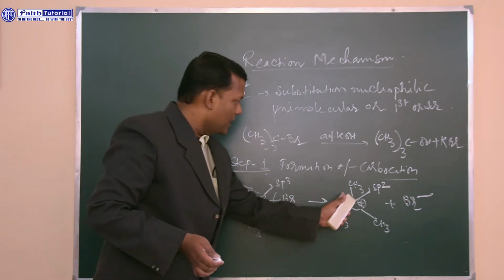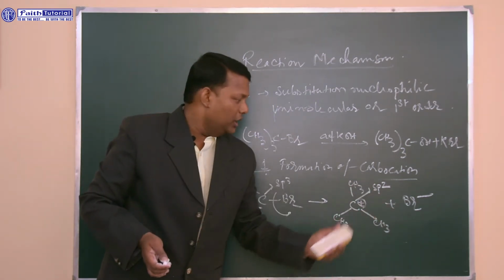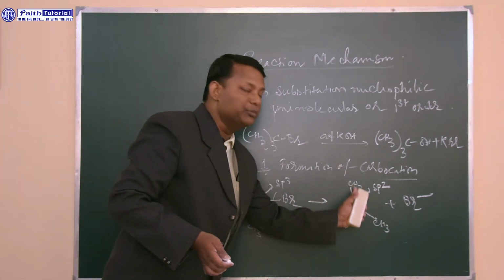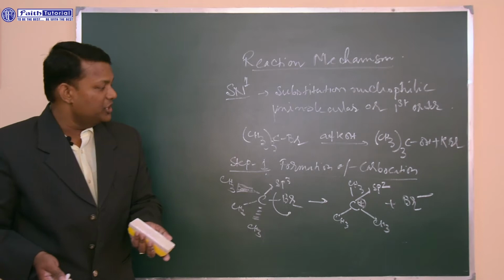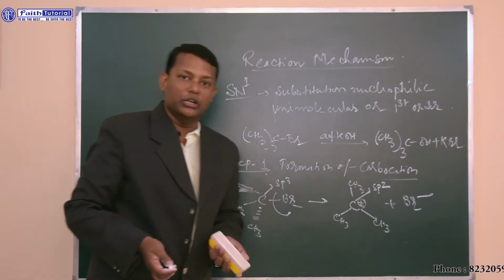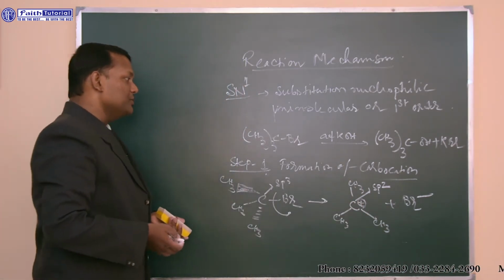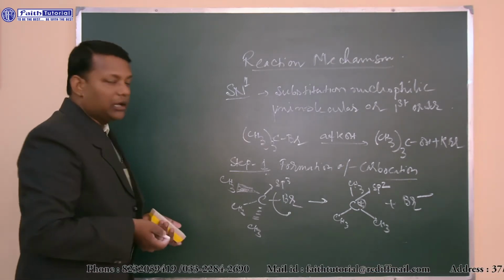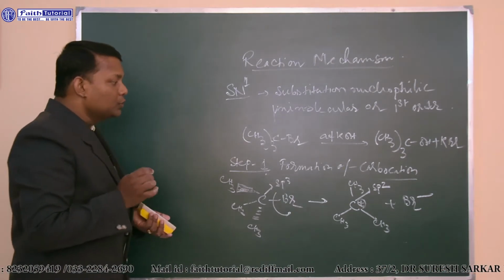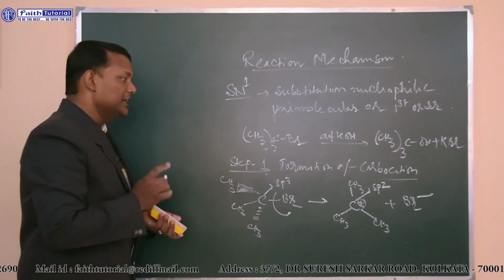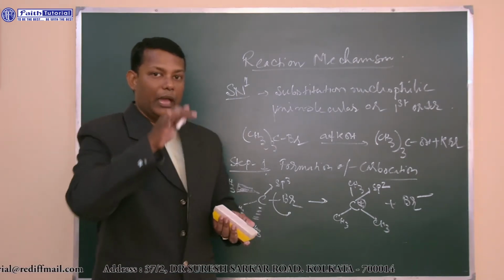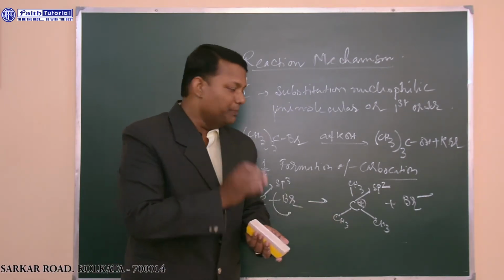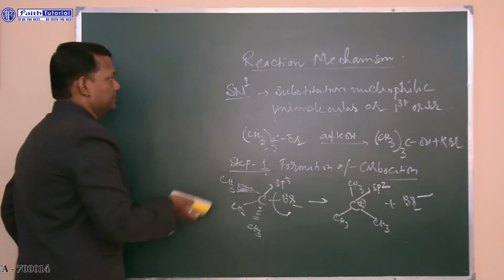That is why all the CH3 groups belong to the same plane with the carbocation. After formation of carbocation, the nucleophile will come and attack the carbocation from two regions: from above the plane, or from below the plane. I will come to that point.